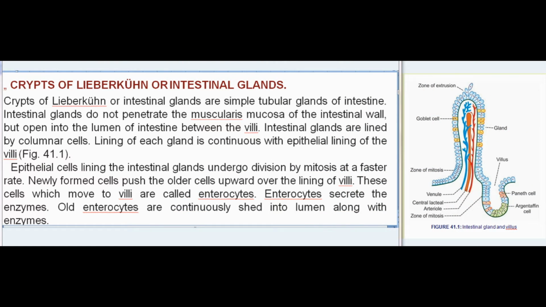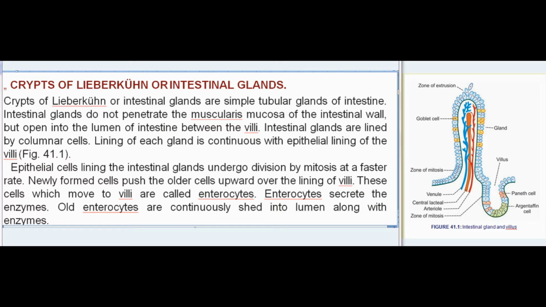Crypts of Lieberkühn or intestinal glands. Crypts of Lieberkühn or intestinal glands are simple tubular glands of intestine. Intestinal glands do not penetrate the muscularis mucosa of the intestinal wall, but open into the lumen of intestine between the villi. Intestinal glands are lined by columnar cells. Lining of each gland is continuous with epithelial lining of the villi, Fig 41.1.